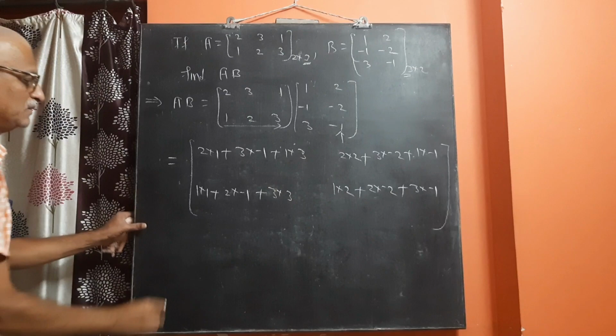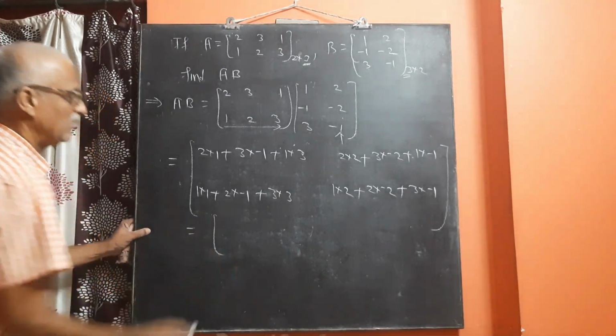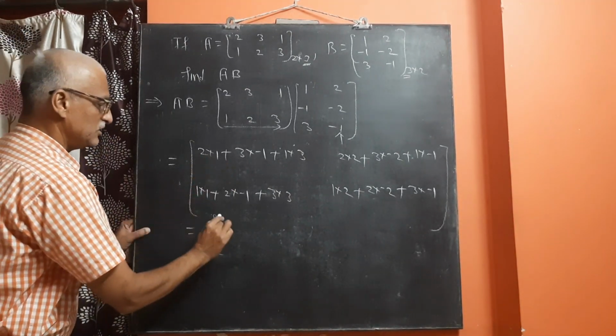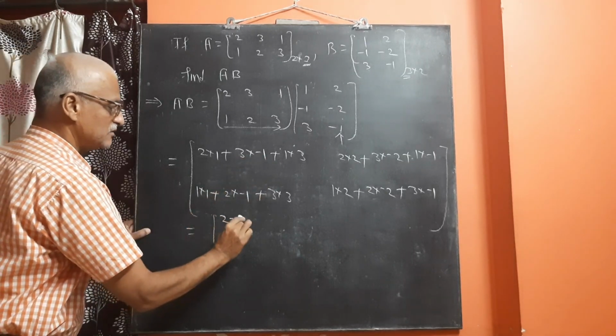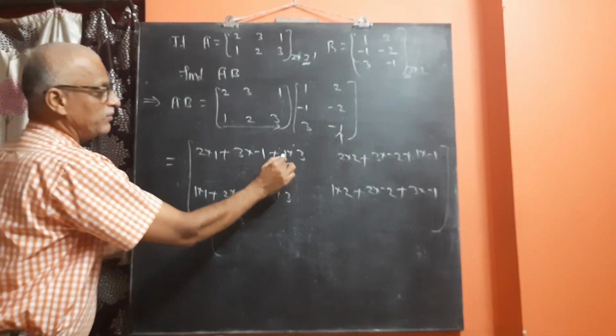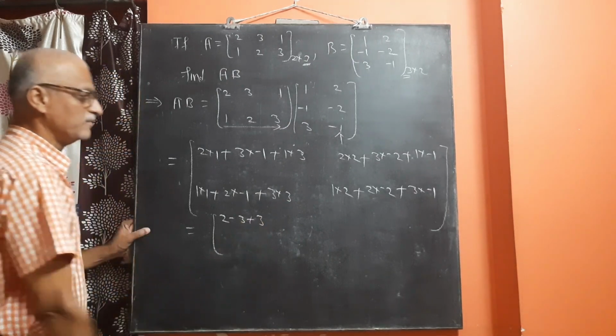Now simplify it. This is equal to matrix of 2 into 1 that is 2, 3 into minus 1 that is minus 3, plus 1 into 3 that is plus 3.